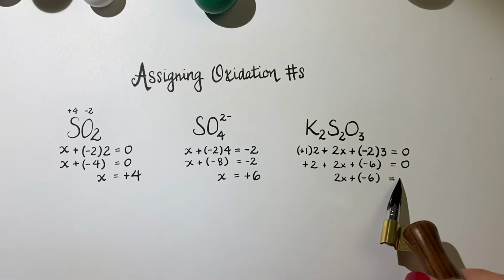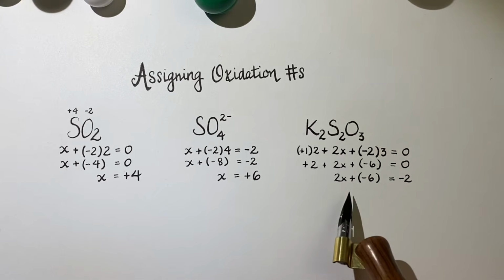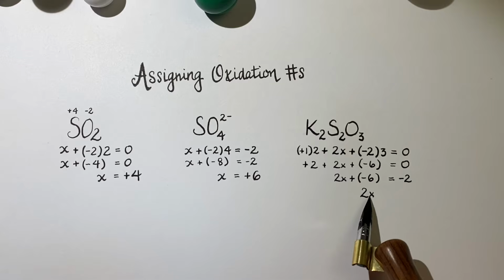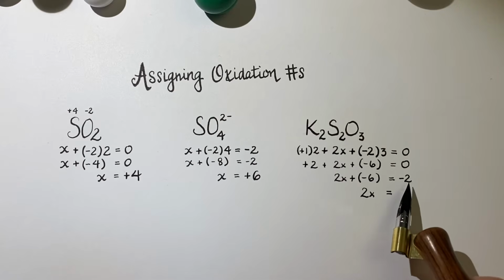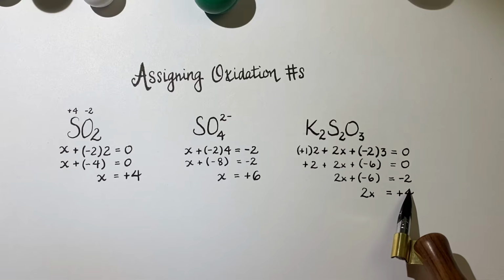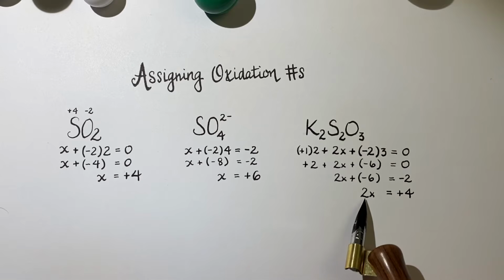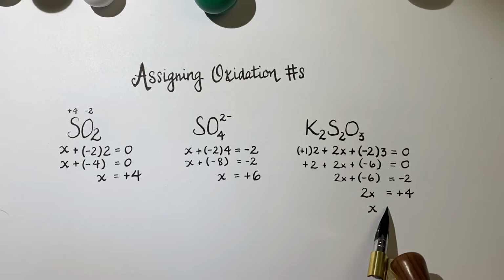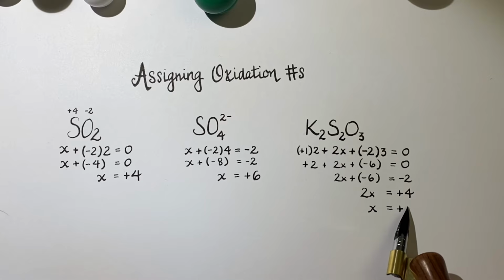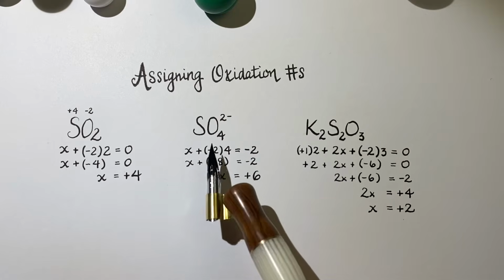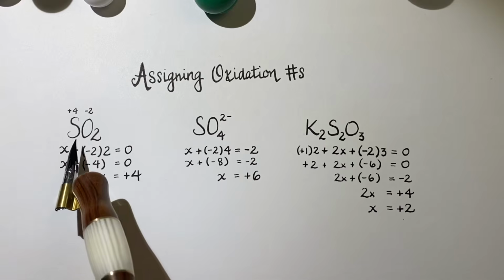Get rid of that 2. Makes that -2. Then we add 6 to both sides. And that gives us +4. And now we need to divide both sides by 2. And that gives us +2. So look at this. Sulfur in this compound is +2. In this compound it's +6. In this compound it's +4.